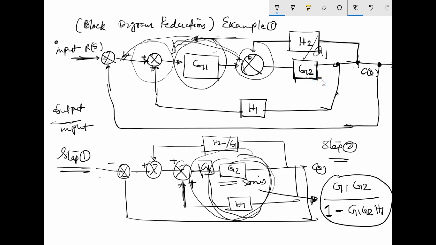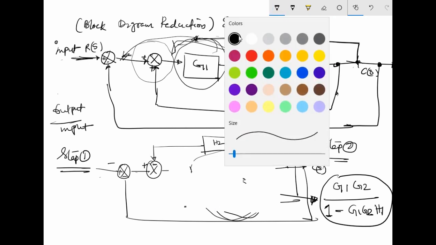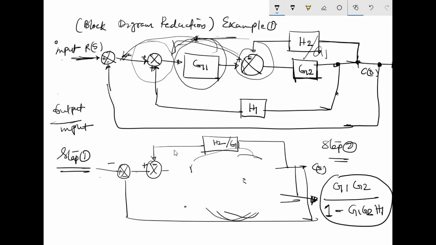Now after doing that, you'll have to replace this whole thing by that. So if I am simply using an eraser to erase this, now this was my step 2, this is my step 3 which I will be showing here, and I will be replacing this whole block here.